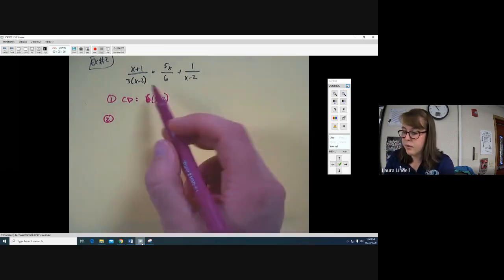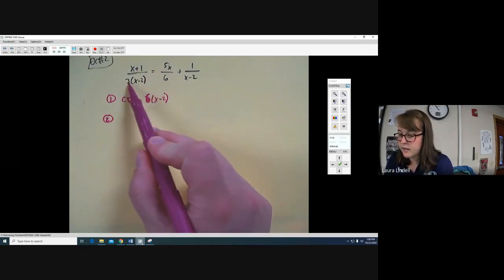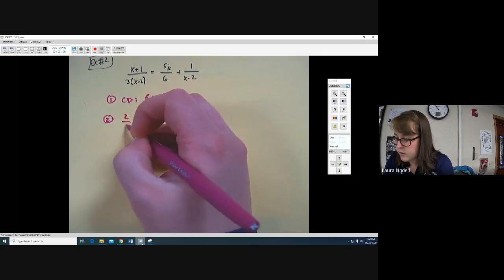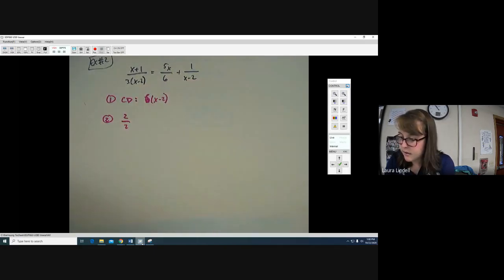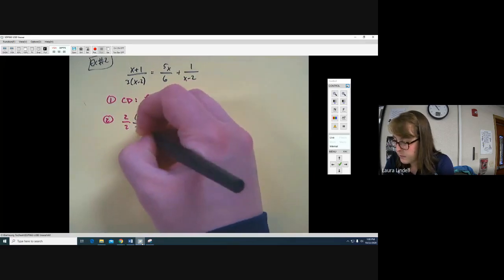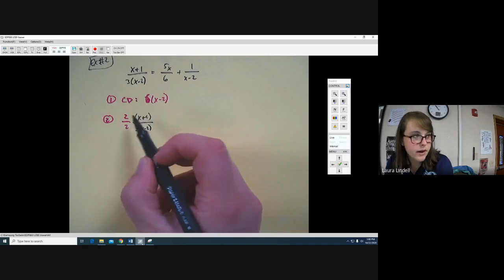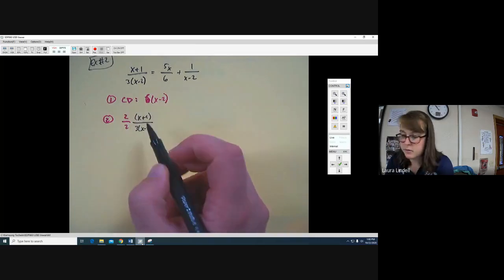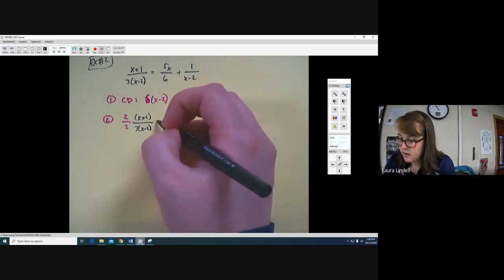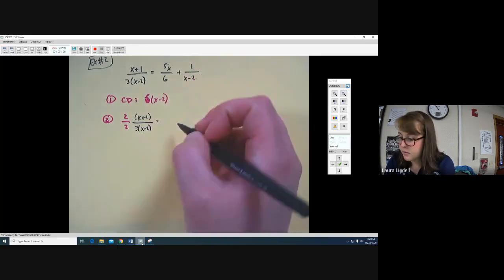But this one you'd have to multiply the top and the bottom by 2 to make this into a 6 times x minus 2. So we'd have 2 over 2 times x plus 1 over 3 times x minus 2. And I would make sure to put this in parentheses so that I remember to distribute the 2 and not just multiply it by the x. And then this one, the 6, needs the x minus 2.